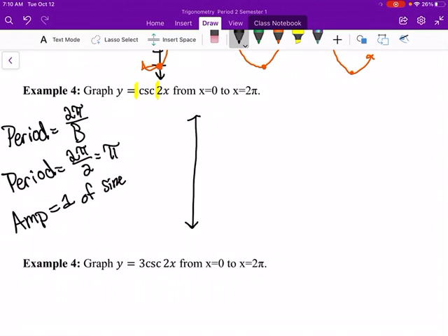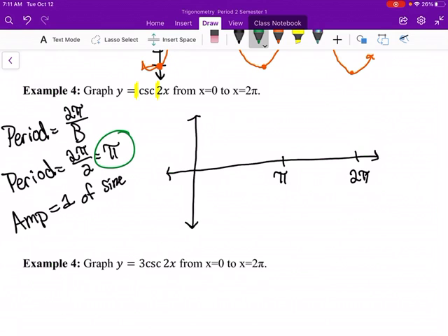Then we'll go ahead and we'll draw our x and our y axis. We're going all the way up to 2 pi. And one full period of our sine function needs to be within pi because that is what our period got changed to. So we need to add 5 points from 0 to 2 pi, or to pi. And we go up to 1 and -1.